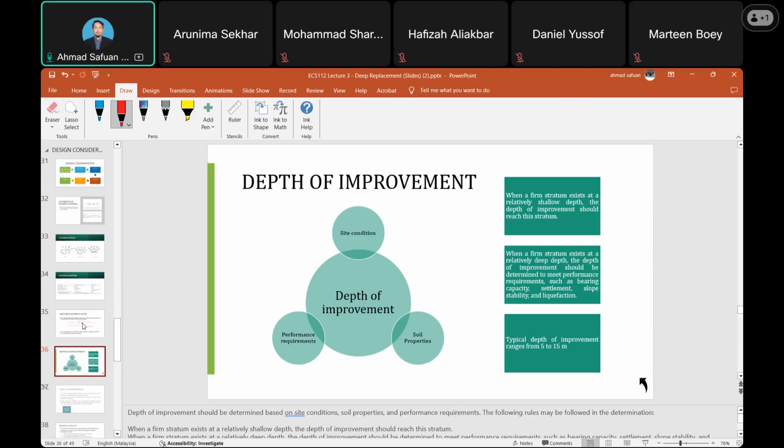So then we need to know how to calculate the capacity based on the load applied on the treated area. Typical depth of improvement ranges from 5 to 15 meters deep.